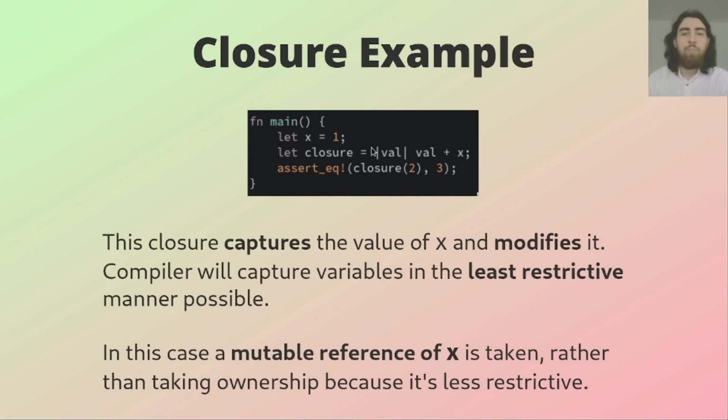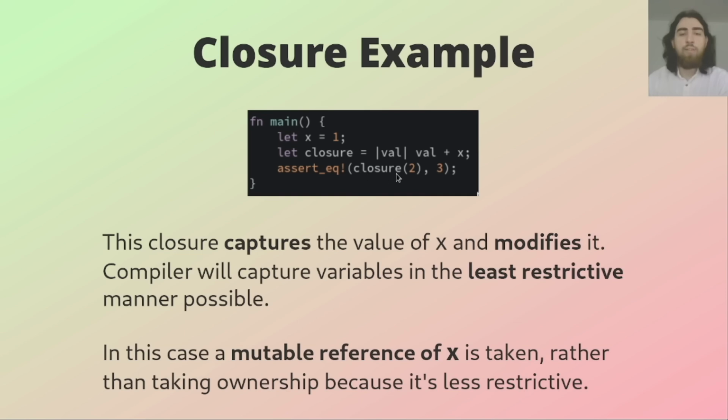So as you can see, the closure here is able to capture the value of x, something a function can't do, right? And we then assign this closure to a variable, meaning we then can call this closure like a normal function.